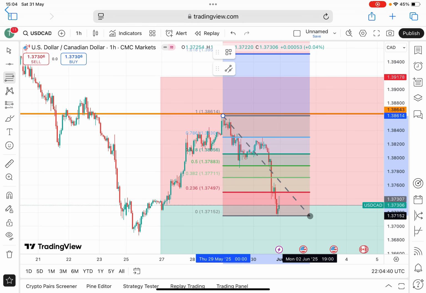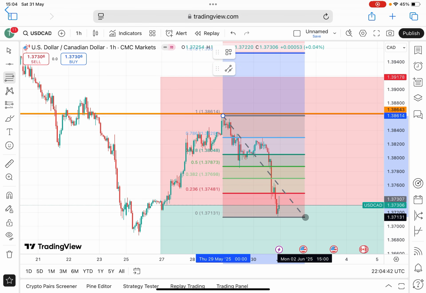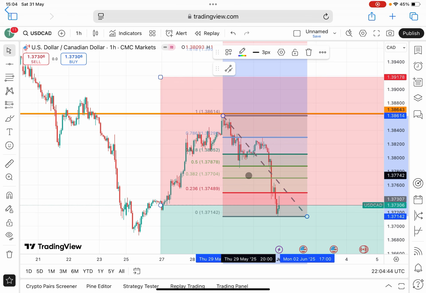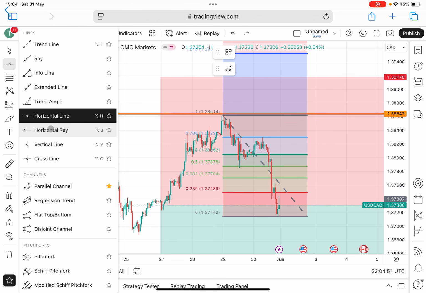If I feel like price will still pull back, I may draw a Fibonacci and let price pull back to this 38 or 50% level. I'll put my support line.